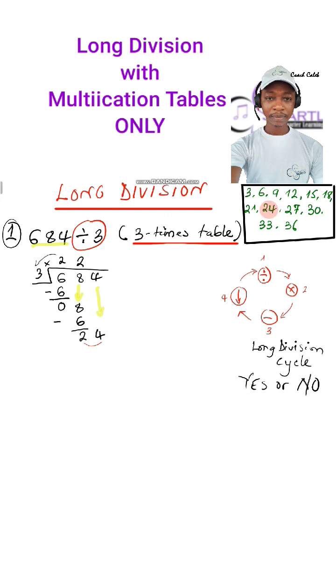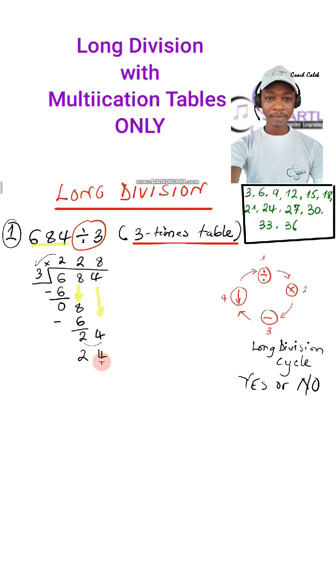So the answer is yes. And how many? What is the line where we have 24? If you remember, it is 3 times 8. So 24 divided by 3 is 8. And we do the same thing. Second step, 8 times 3 is 24. We line it up right under there.